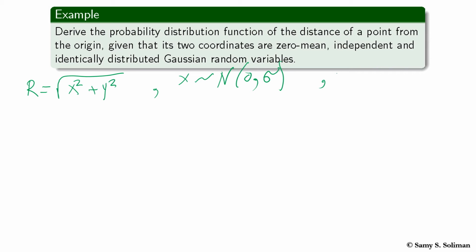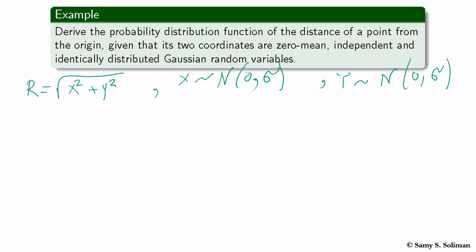So again, y is Gaussian distributed with zero mean and sigma as the standard deviation. So now we have a new random variable r, the distance from the origin, defined in terms of the two random variables x and y. This is a one-to-one relation, because for every value of x and every value of y, there is only one value of r.